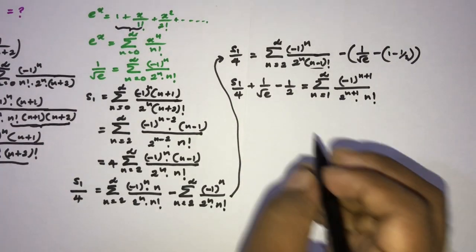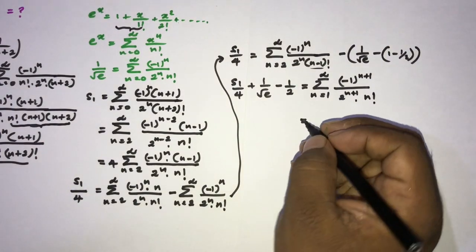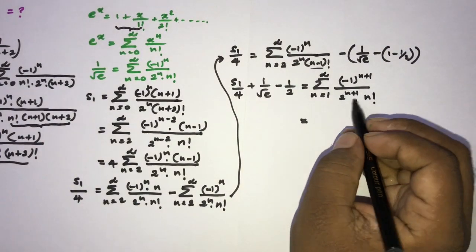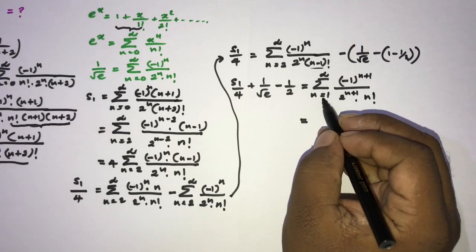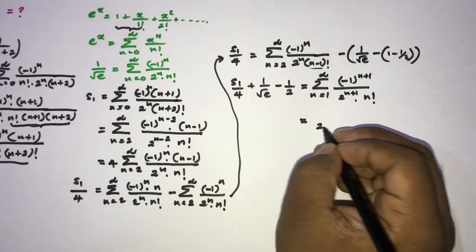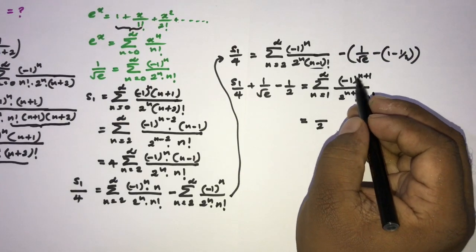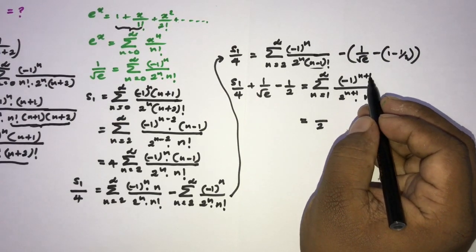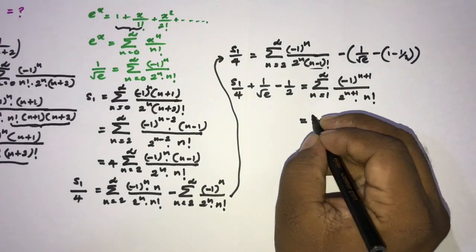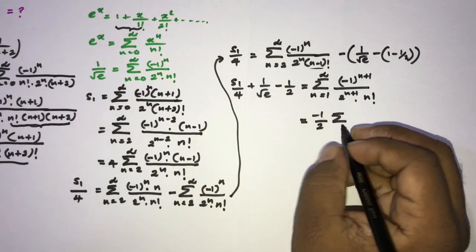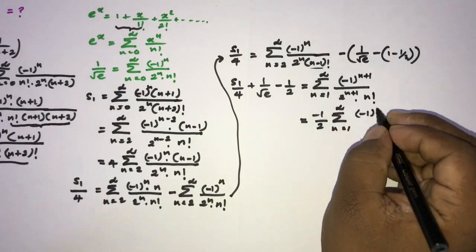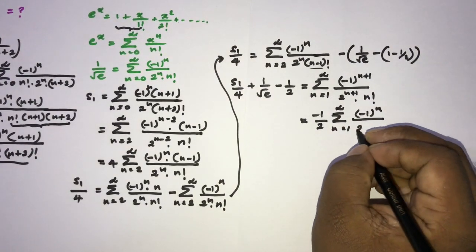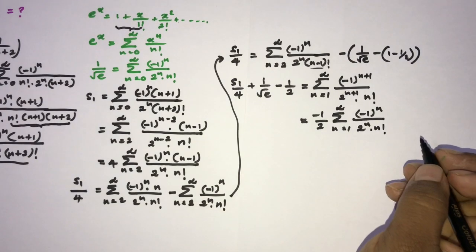Okay, then this is equal to, here 2 raised to the n times 2, so we can take 2 as a factor, so 2 here, minus 1 to the n minus 1 to the 1 power, so minus 1 times the sum from n equal 1 to infinity of minus 1 to the n over 2 raised to the n times n factorial.